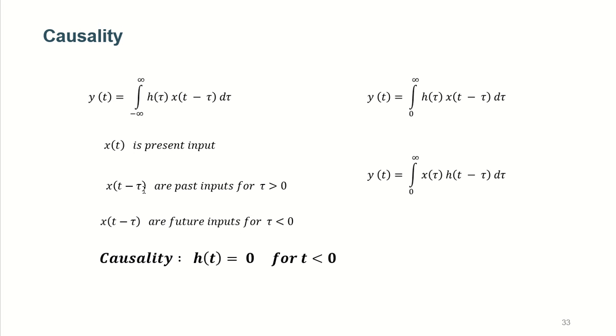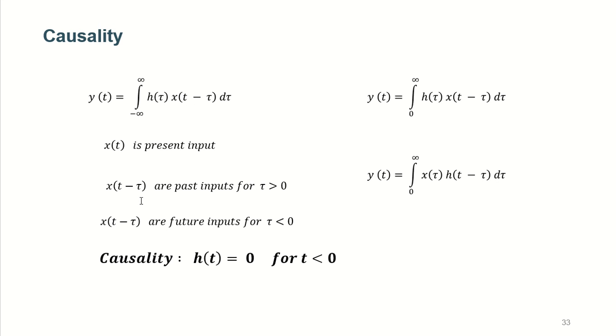Then consider 2, x of t minus 2, again a past input. 3, x of t minus 3, again a past input. So no matter how far you go, for tau greater than 0, x of t minus tau will always be past inputs.